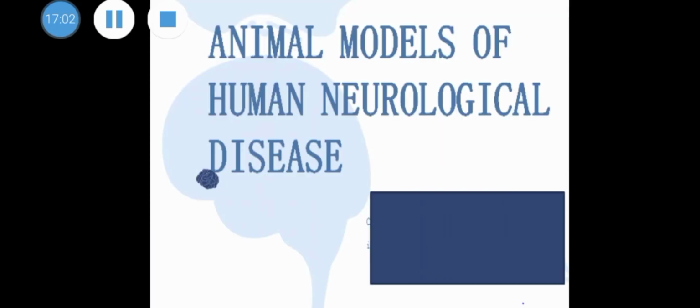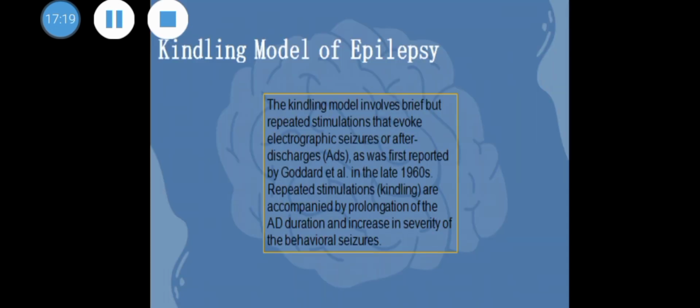Next, we have the responses to the nervous system. Next, we have the animal models of human neurological disease. Under this, we have two: the kindling and the transgenic. First, we have the kindling model of epilepsy.